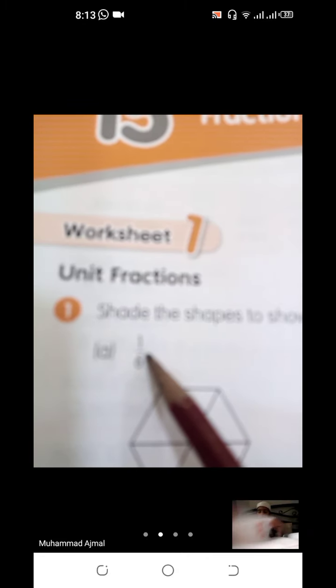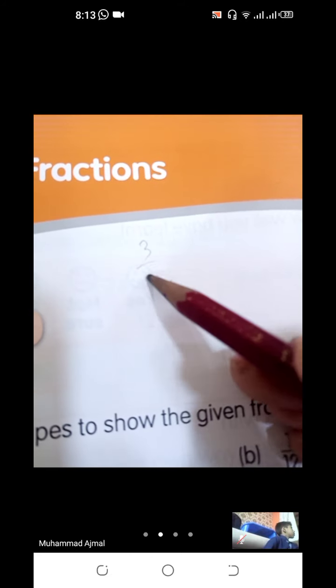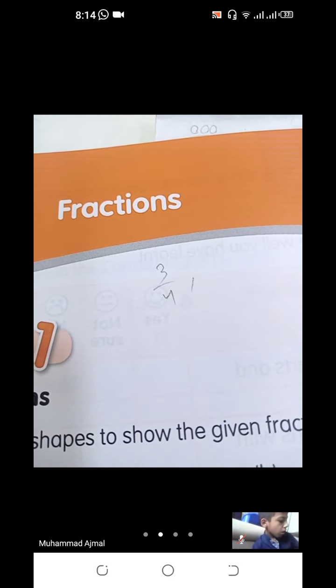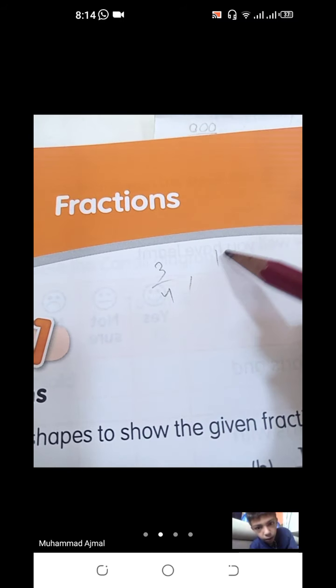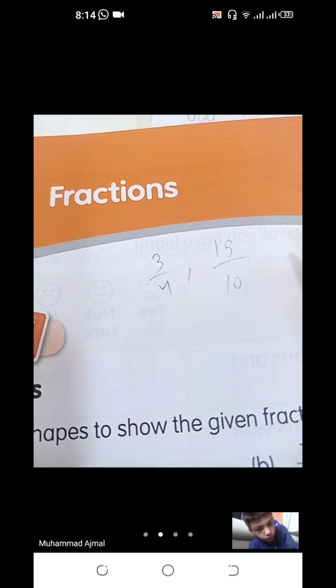This is a fraction: 1 over 6. 1 over 12 is a fraction. 1 over 9 is a fraction. 1 over 5 is a fraction. 3 over 4 is a fraction. The two numbers come with a line in between. They are called fractions. 15 over 10 is a fraction.